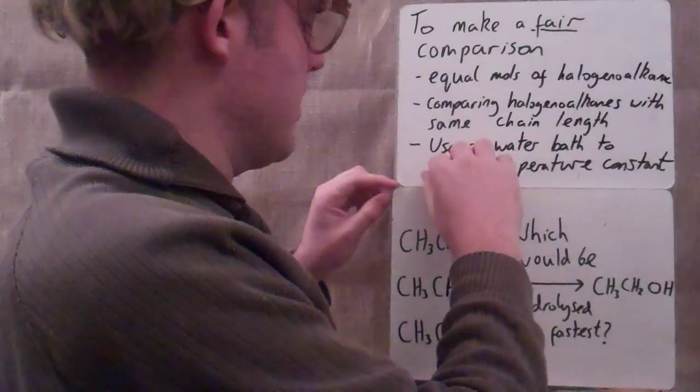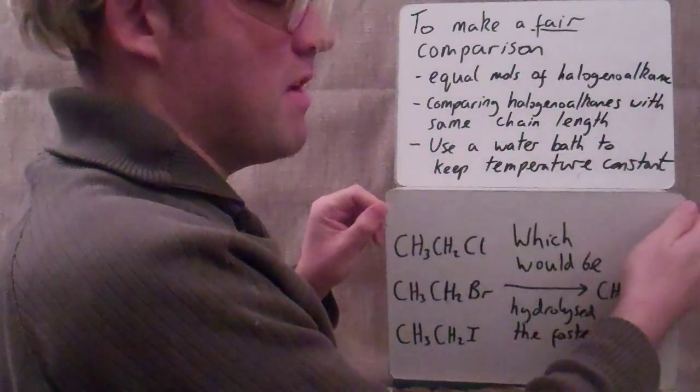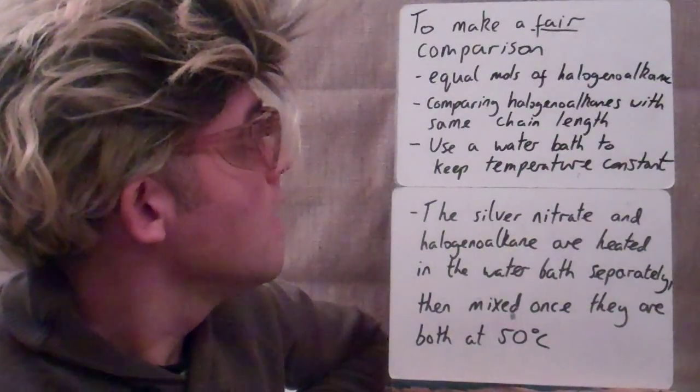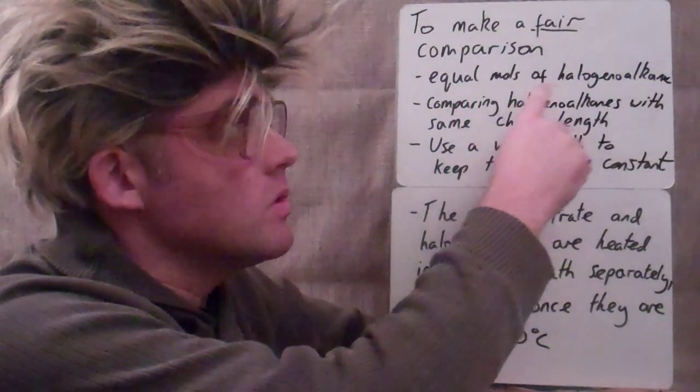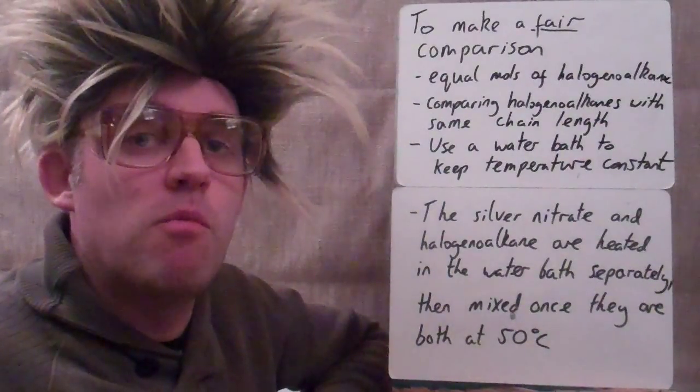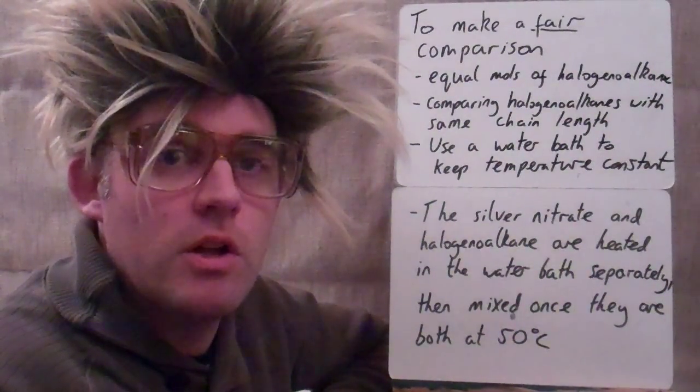When you're comparing different rates of reaction, it's important that you're making a fair comparison so that you've got a fair test. So certain things we've got to keep the same. We've got to have equal moles of the halogenoalkanes. Okay? It would be an unfair comparison if we had more of one than the other, because obviously the one you have more of would take longer to completely hydrolyse.